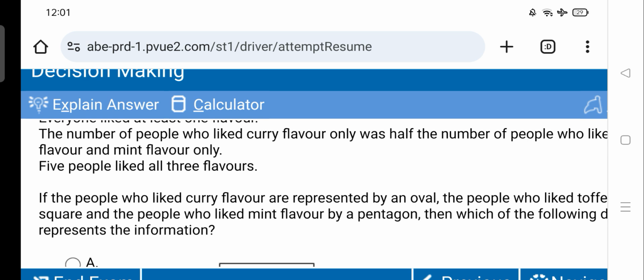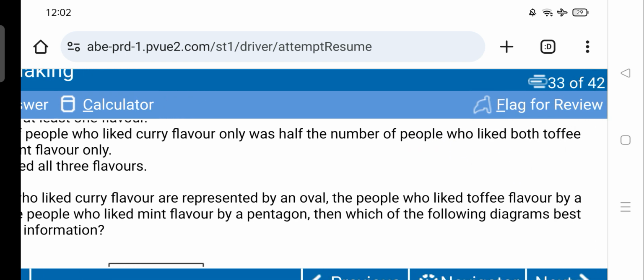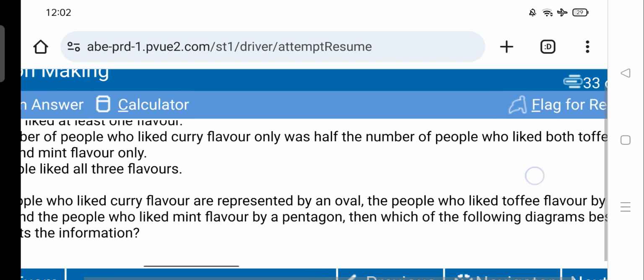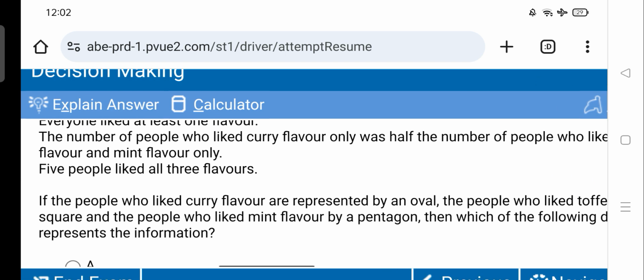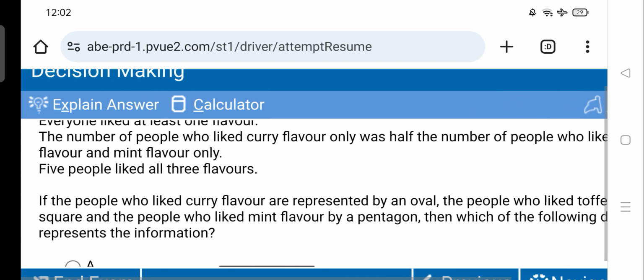If the people who liked curry flavor are represented by an oval, the people who liked toffee flavor by a square, and the people who liked mint flavor by a pentagon, which of the following diagrams best represents the information?